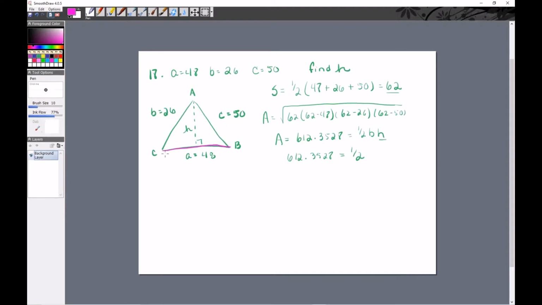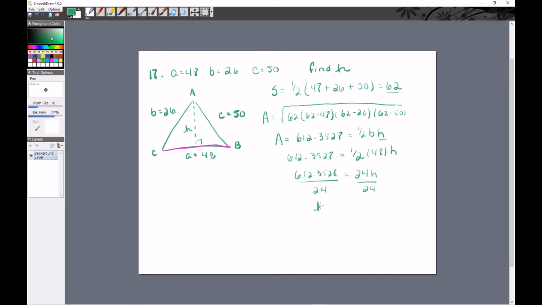All right, so from C to B is going to be 48. So let me get back to the green. Times your height, right? Well, 1/2 of 48 is going to be 24 times your height, and that equals 612.3528. And divide each side by 24.